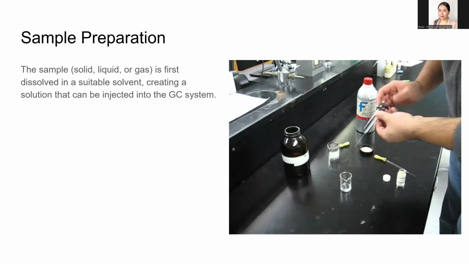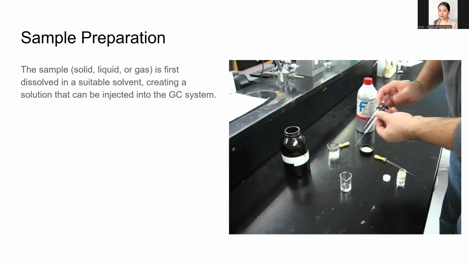So for sample preparation, I think this is the hands of Sir Jovi, one of my RAs. The sample is processed to extract the target compounds and remove interfering substances. So depending on the nature of the sample, we have various extraction methods such as liquid-liquid extraction or solid phase extraction, any of that could be employed.